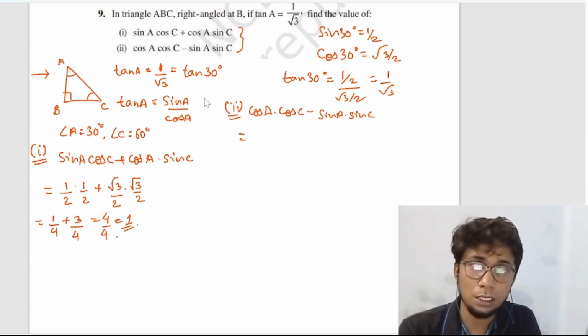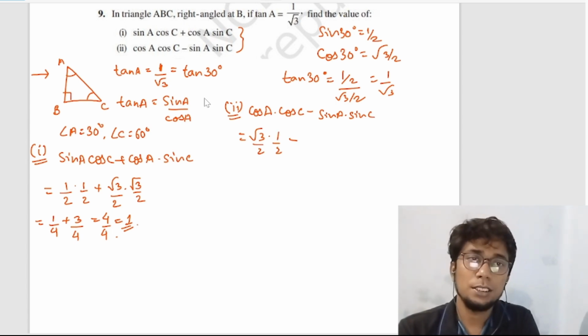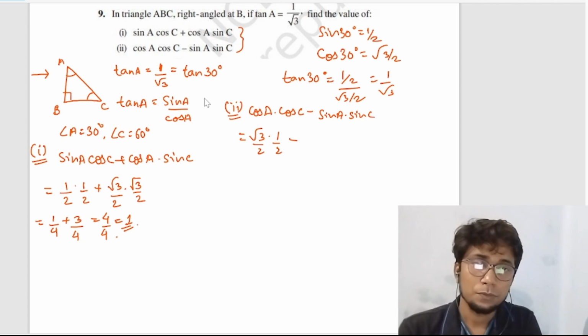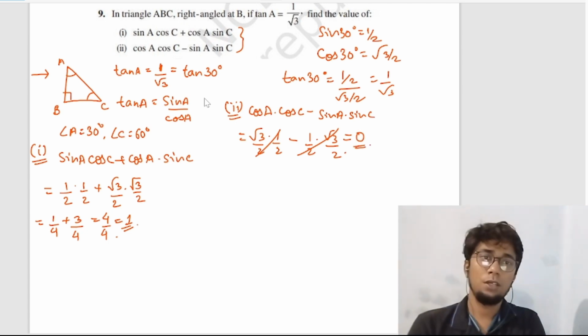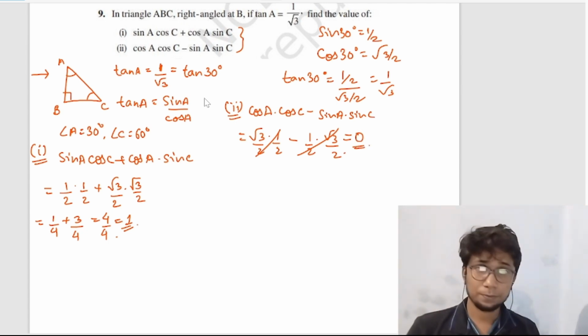That is cos 30, root 3 by 2. Cos C, that is cos 60, 1 over 2, minus sin A, that is sin 30, 1 over 2. Sin C, that is sin 60, is root 3 over 2, and you can simply see these will get cancelled out and this will give you 0. So this will be your answer.